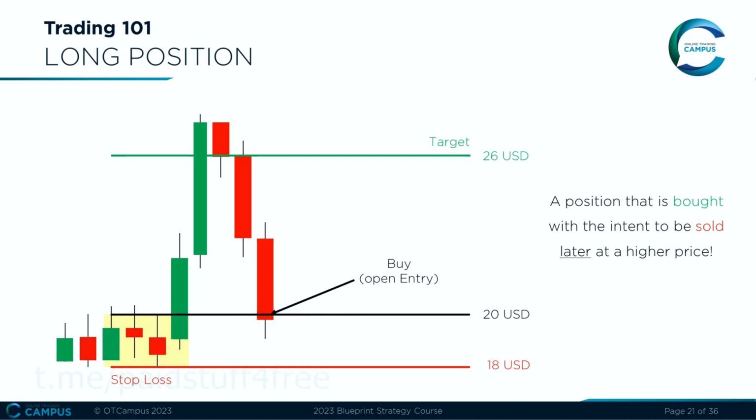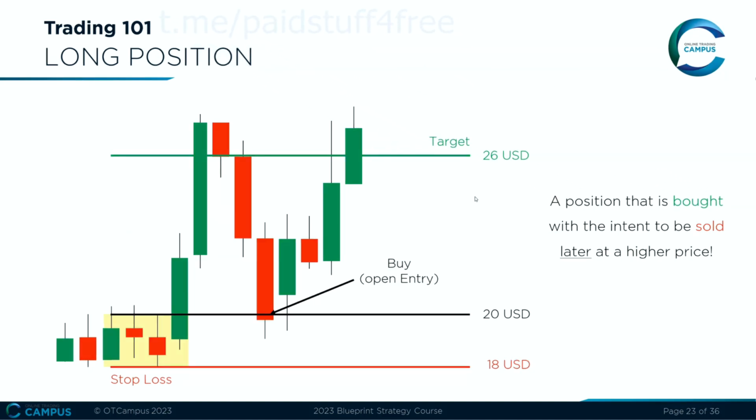And as we move out and cross the target, our open trade is now closed at the target price of $26. From $20 to $26 is $6 versus $2 of risk. That's a risk to reward of 1 to 3, right?